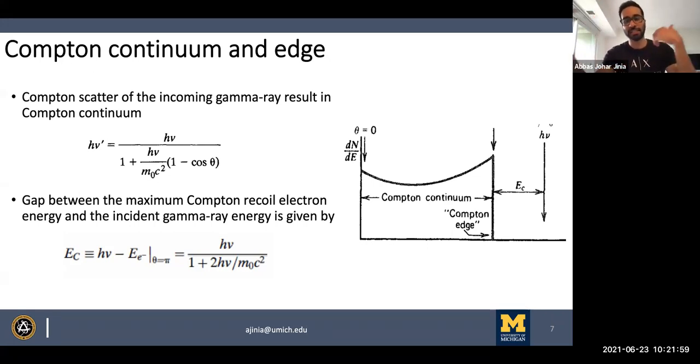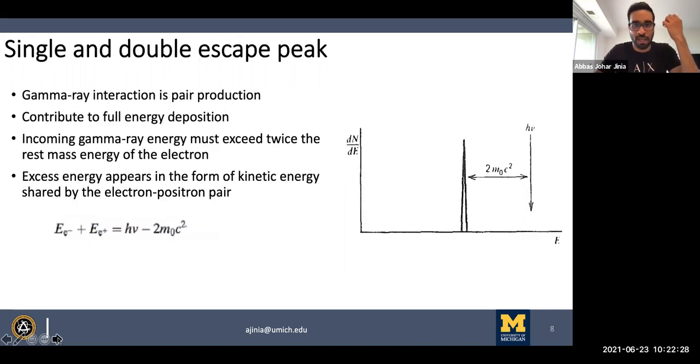And when we take the difference between the energy of the incoming photon and the energy carried away by the electron, that will give us the position of our Compton edge.